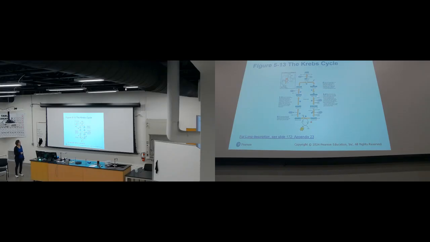Citric acid is going to be isomerized into isocitric acid, and then isocitric acid is going to be converted into alpha-ketoglutarate. You have a dehydrogenase enzyme that is going to remove some hydrogen atoms from this isocitric acid, and then the carrier NAD plus is going to grab these hydrogen atoms, these protons, and it's going to be converted into NADH.